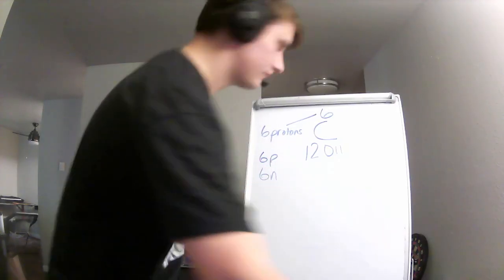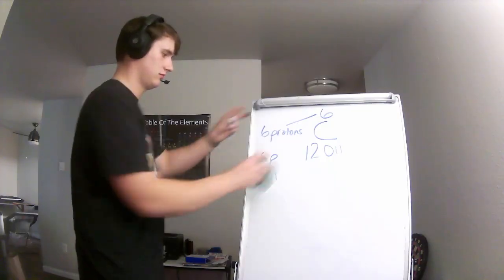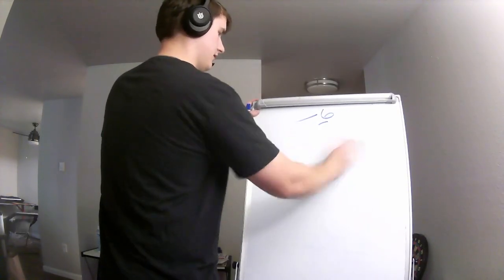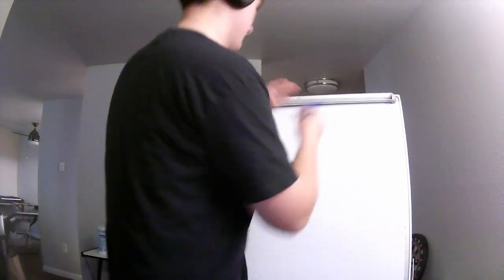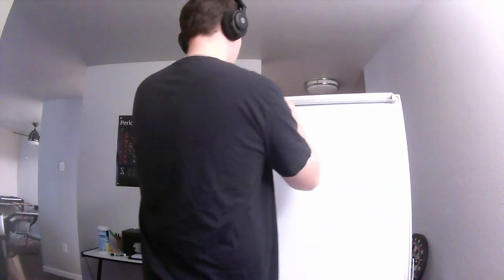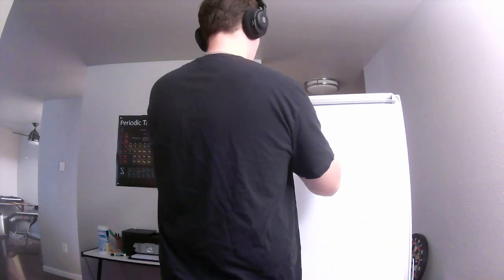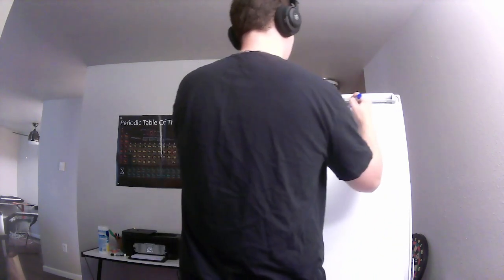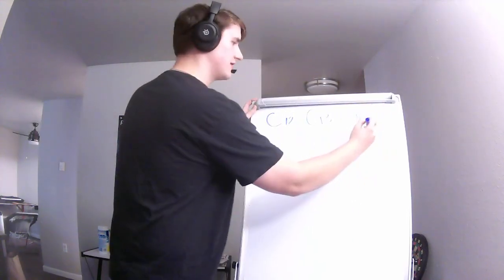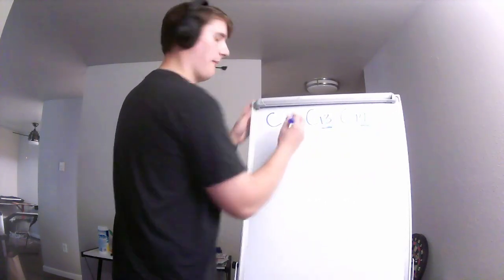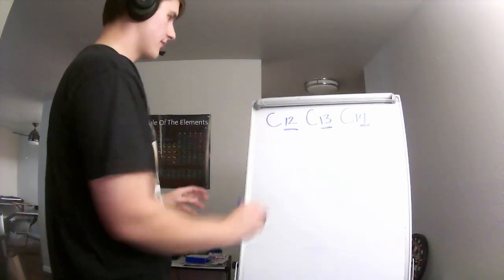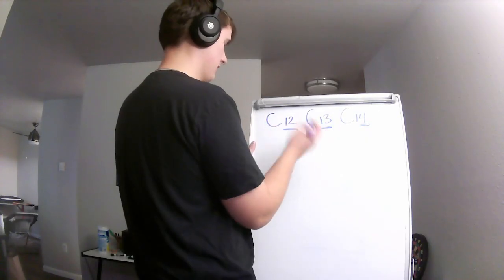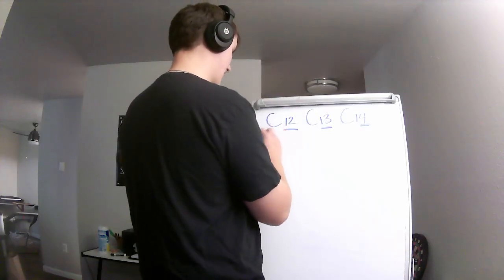Now, before we do that actually, the different isotopes of carbon are carbon 12, carbon 13, and carbon 14. And that little number just tells you the mass. So for example, carbon 12. We just did that one. Carbon 12, they're all going to have how many protons?